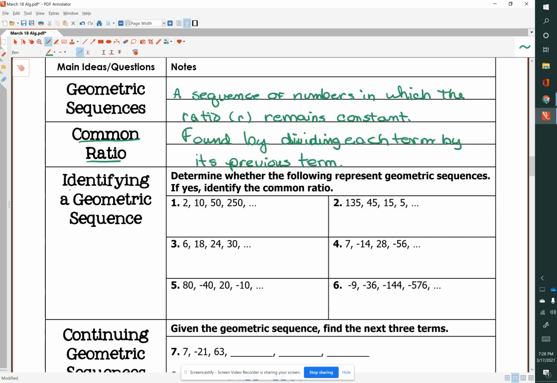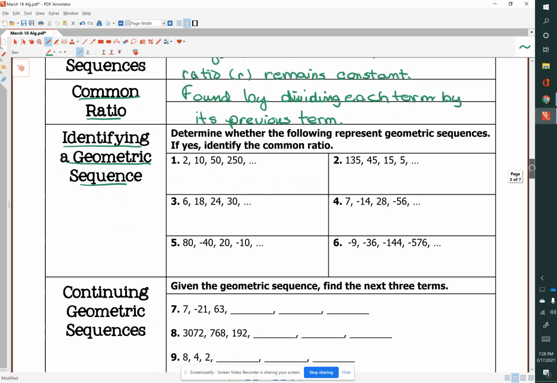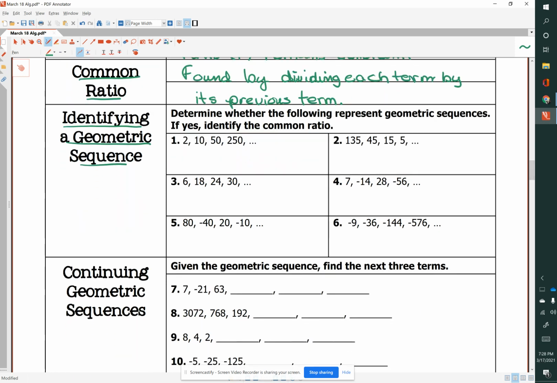So we're going to start by identifying a geometric sequence. Then we'll continue geometric sequences. Our task first is to determine whether these 6 sequences are geometric, and if they are, we will identify the common ratio. So I have 2, 10, 50, 250.